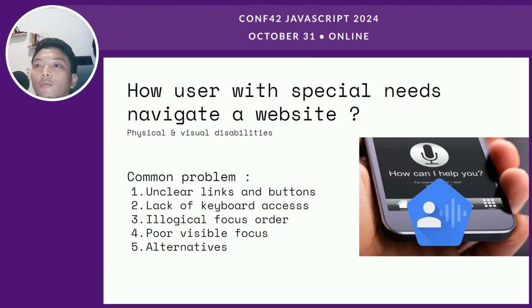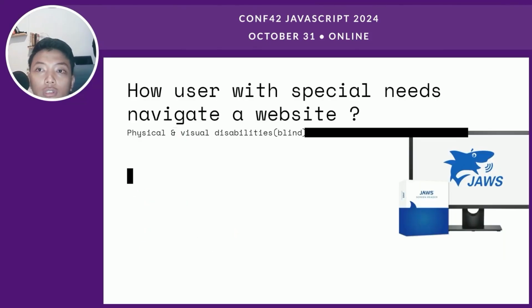For people with visual problems, they couldn't find alternative content for their images, their text, or their voice. This is a problem when they want to see an image but the website couldn't tell what is in the image because the alternative is missing.